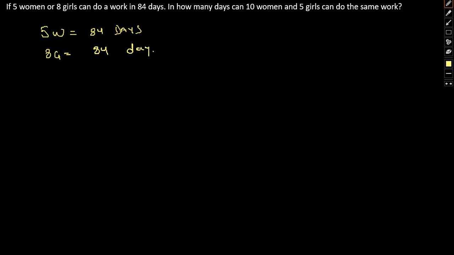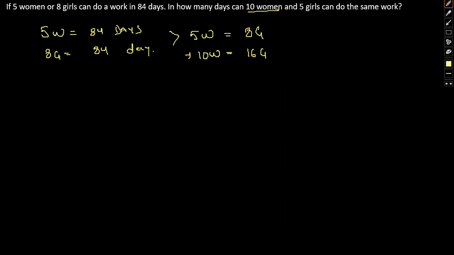Okay, so therefore the efficiency of 5 women is equal to 8 girls. Now we need 10 women here, so therefore the efficiency of 10 women will be equal to 16 girls.